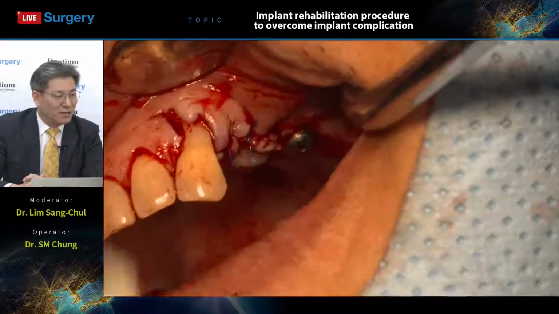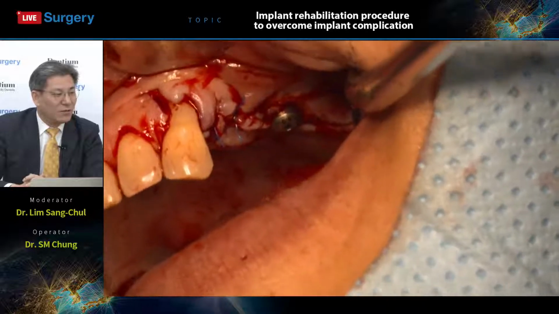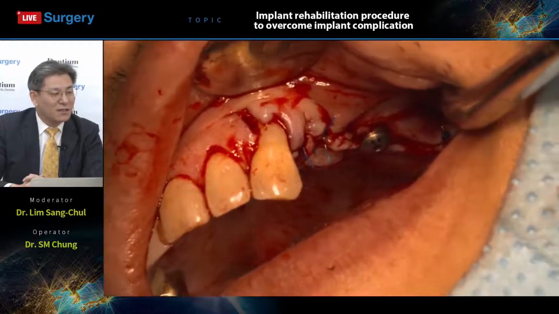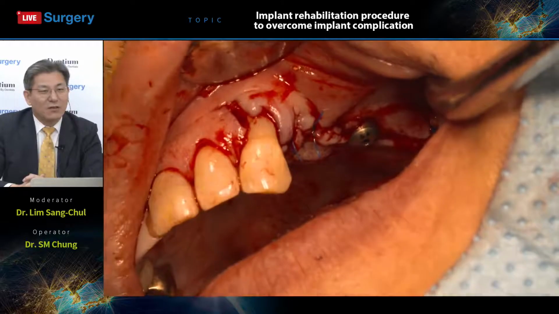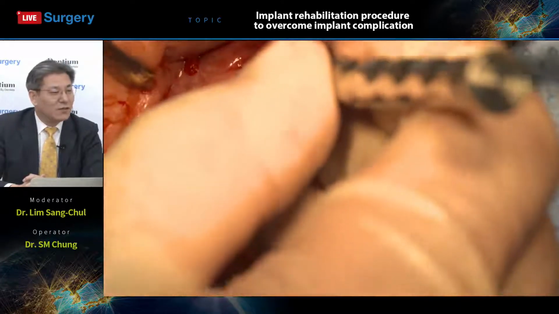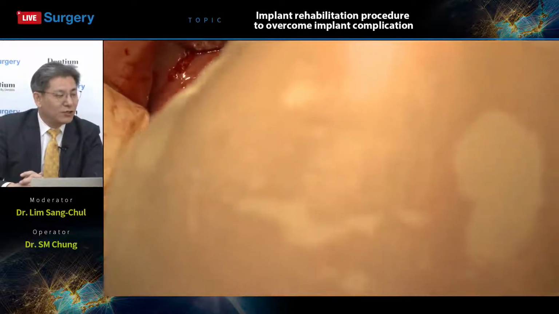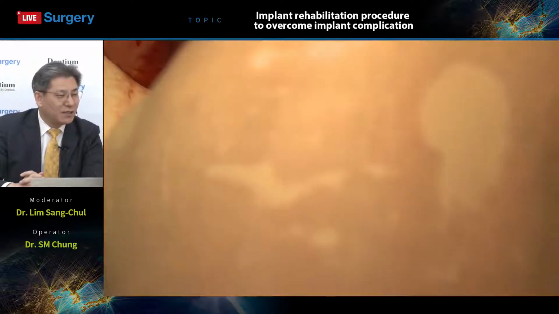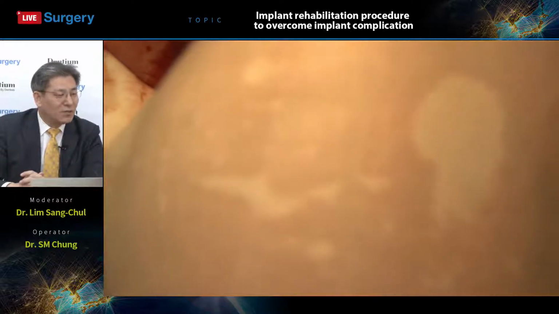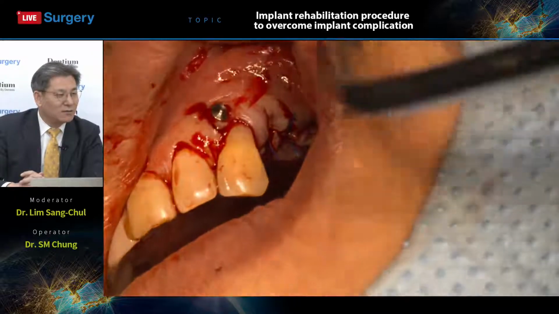Actually, after healing, we cannot see any scars when we use this kind of 6-0 suture, right? So the smaller suture materials make lesser trauma of tissue. It means better healing and minimize scar, right?